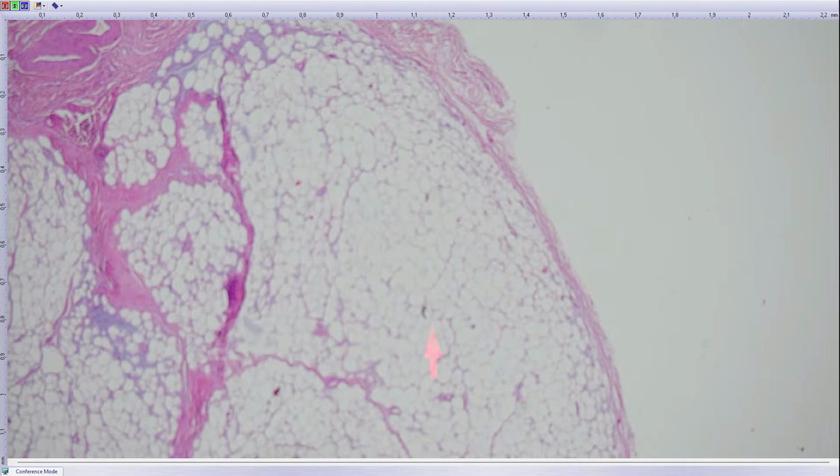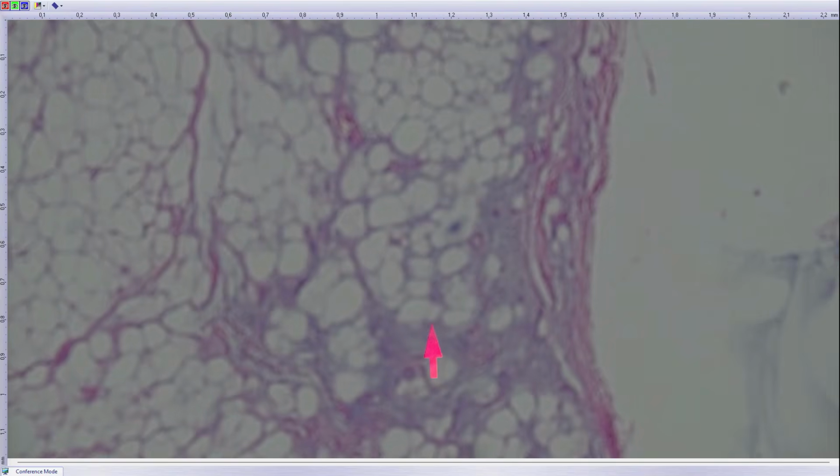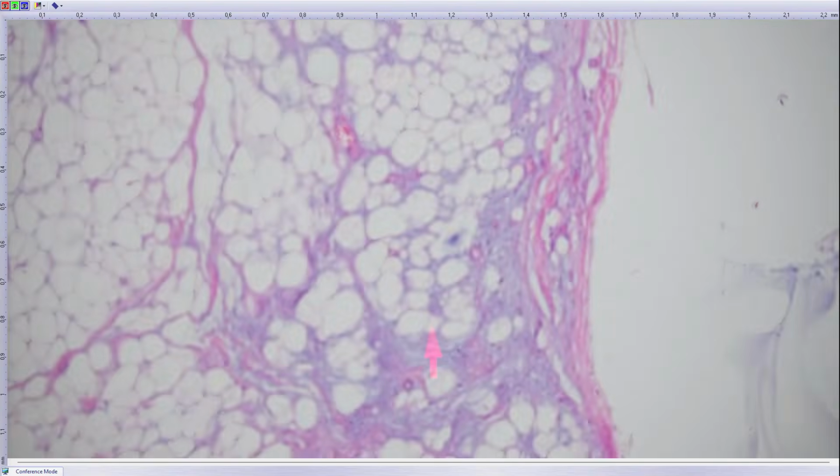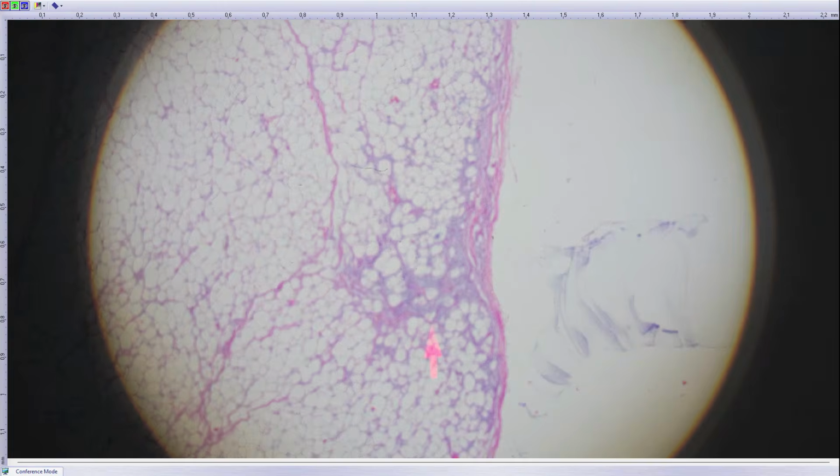You see mature adipose tissue with minimal variation in the adipocyte size. Some myxoid areas, again, this bluish color. Right here, you may see a few lipoblasts.